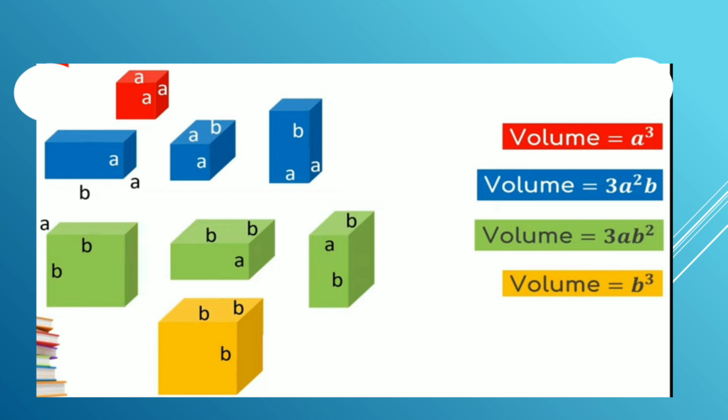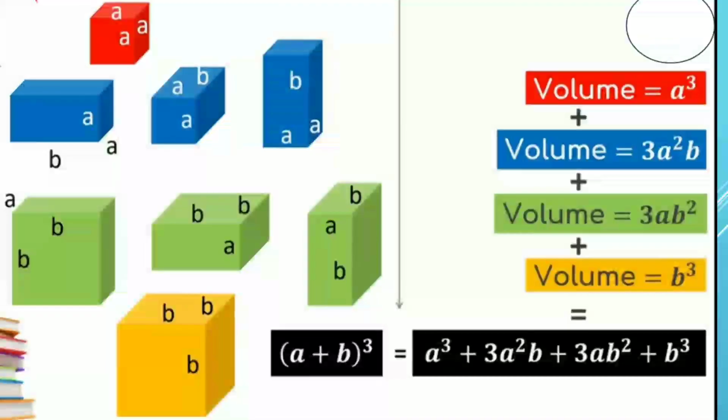Now the thing which we have to derive is the formula. How can we get the formula of (a + b) whole cube? We can get this by adding the volume of all these parts. We have here all the volumes.